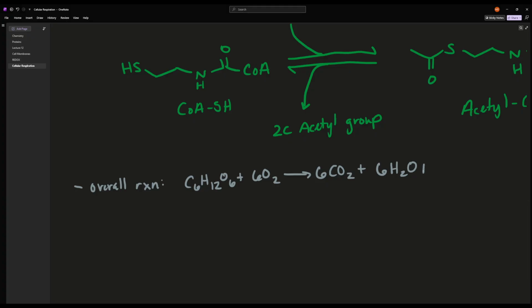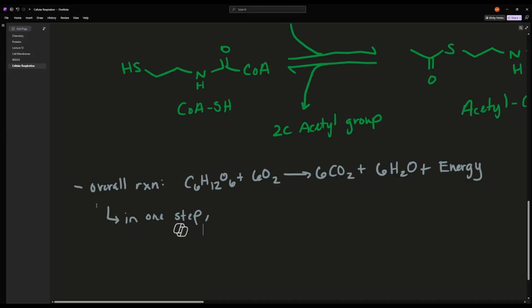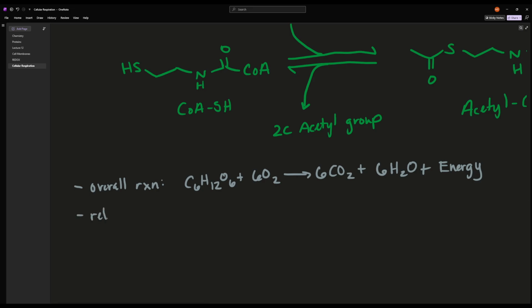Okay. And energy. As it's written now, this is a combustion reaction. We have a hydrocarbon and react it with oxygen. So this releases a lot of energy.